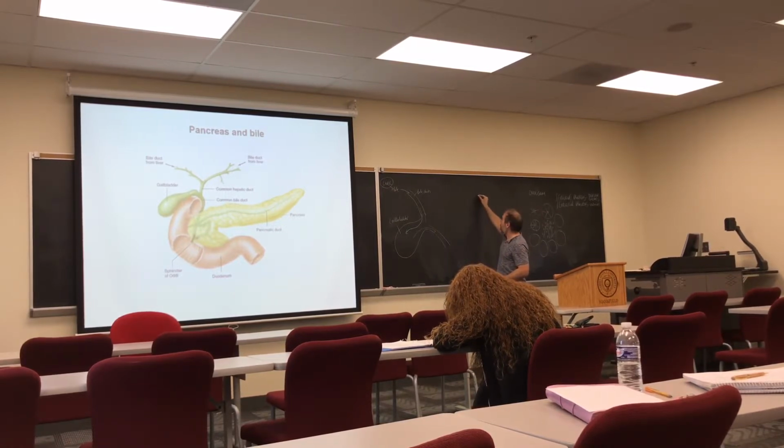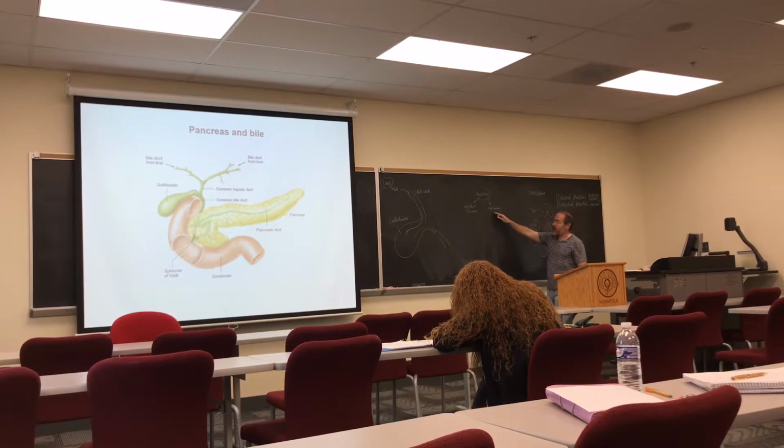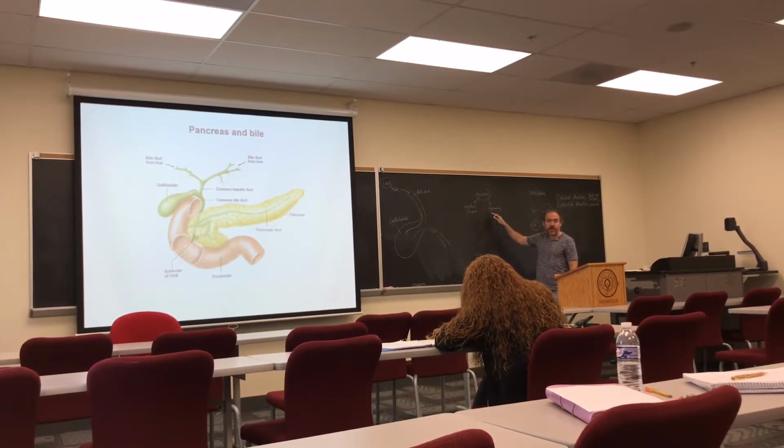And here you have the pancreas. Pancreas is going to secrete digestive enzymes and hormones. The digestive enzymes are going to be secreted by the exocrine pancreas. The hormones are going to be secreted by the endocrine pancreas. But you know that the hormones are secreted into blood vessels.